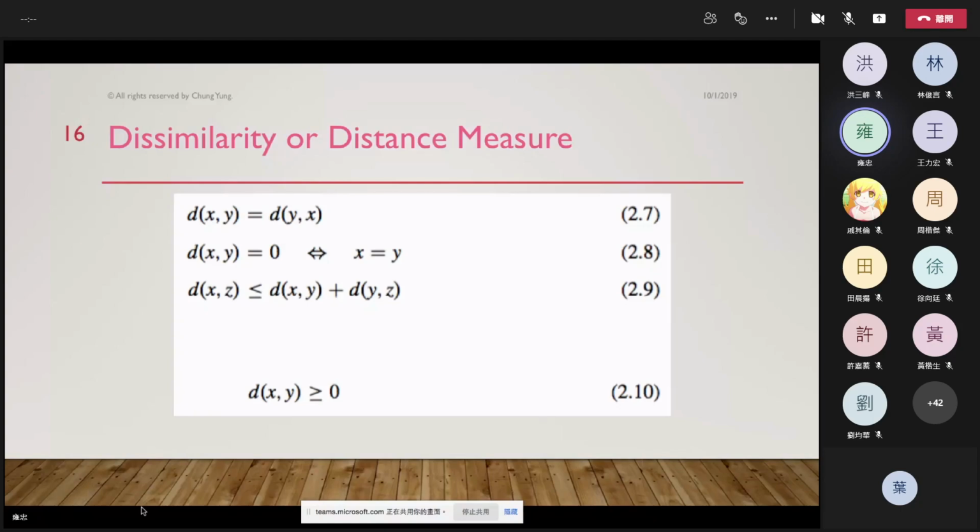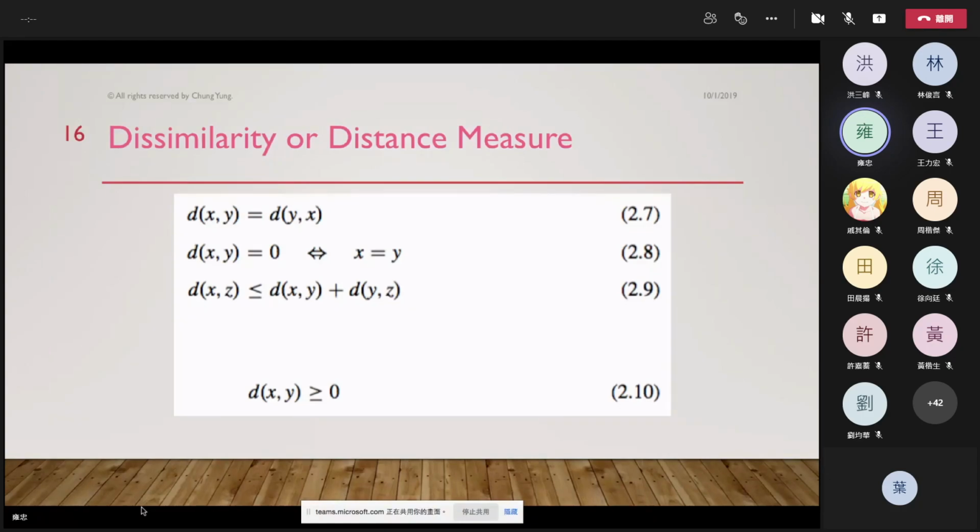Formula 2.9. The distance between x and z is less than or equal to the distance between x and y plus the distance between y and z.